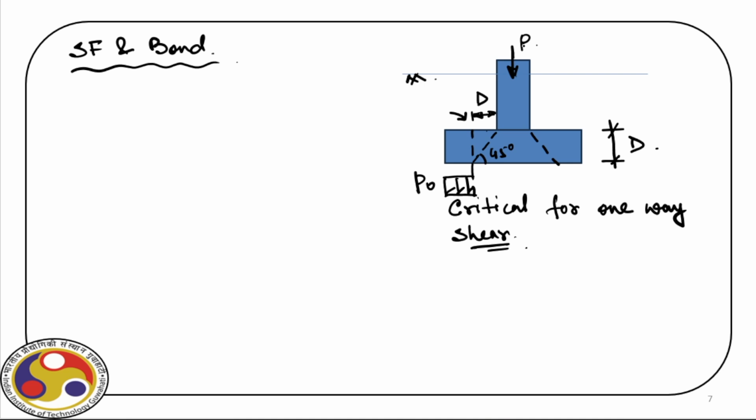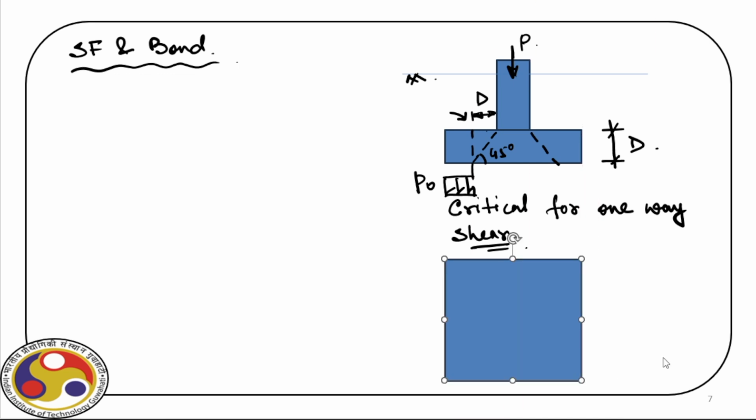Now, we have a column, which for the time being we can consider as a square column, and the footing is also square. So we have an arrangement like this, with the column sitting at the center.